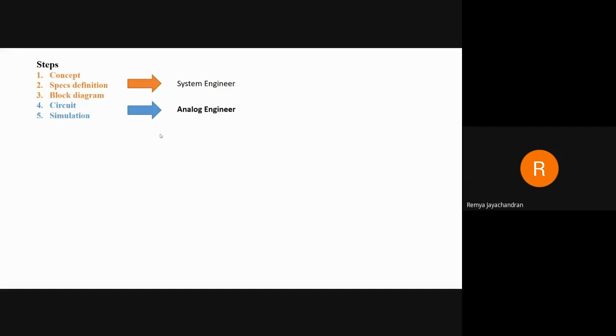The analog engineer will analyze it, design the circuit that matches the specification, do the simulation, recheck it and redesign it. Once it meets the specification, it will be handed over to the layout engineer. The layout engineer will draw the layout of that circuit, that's the layout generation.